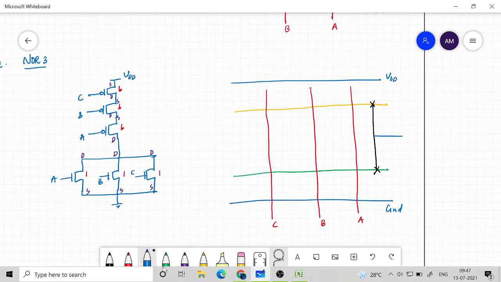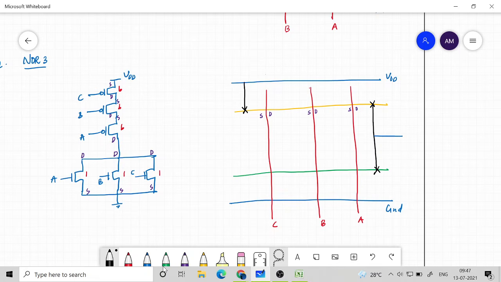Now if I look at the PMOS side, so this is drain, then this becomes source, so drain, source, and then drain, source. Okay, so the source of the C input PMOS is connected to VDD, and then these are shared diffusion regions, so already they are connected, we don't need to make any contact there.